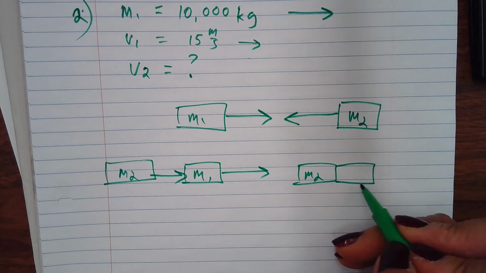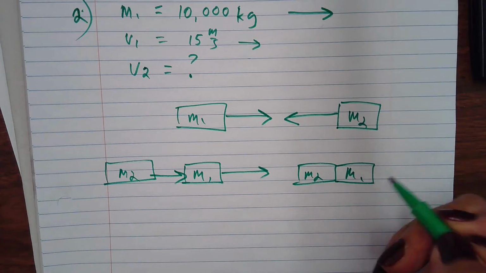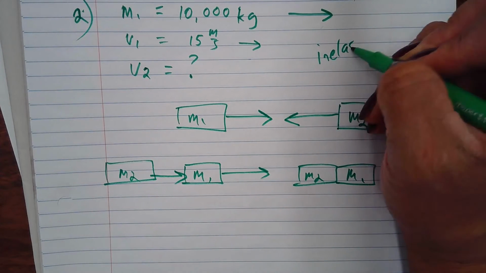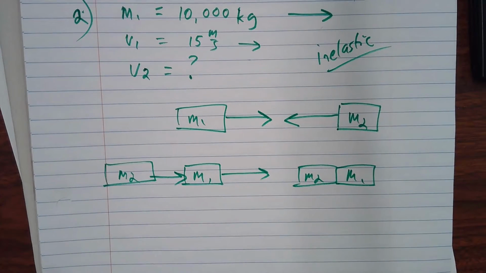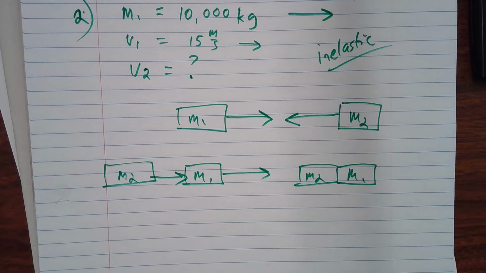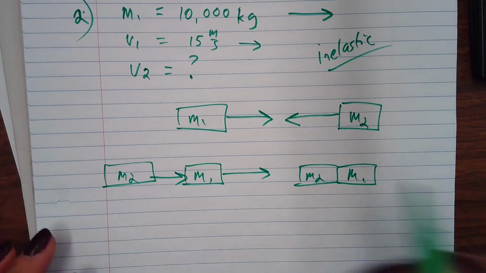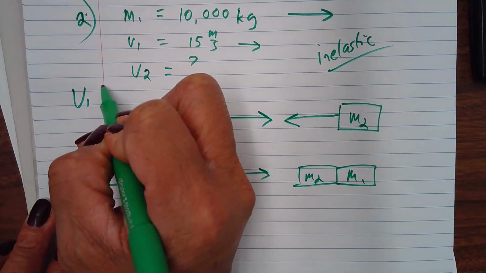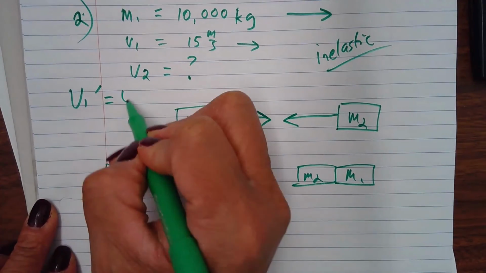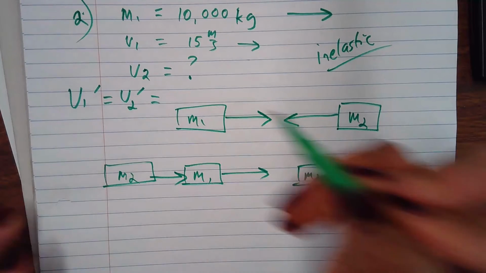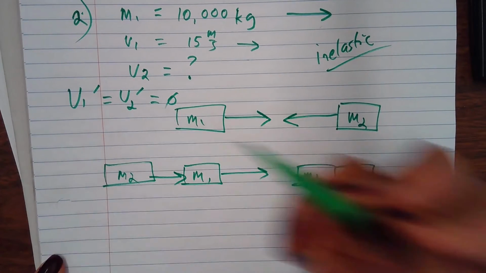So let's say this is an inelastic collision. How do I know, by the way, that this is an inelastic collision? They move together, and it tells you right in the question: so that the two cars will stop when they collide. It means that if they stop when they collide, we know that V1 final is equal to V2 final, which is equal to 0.